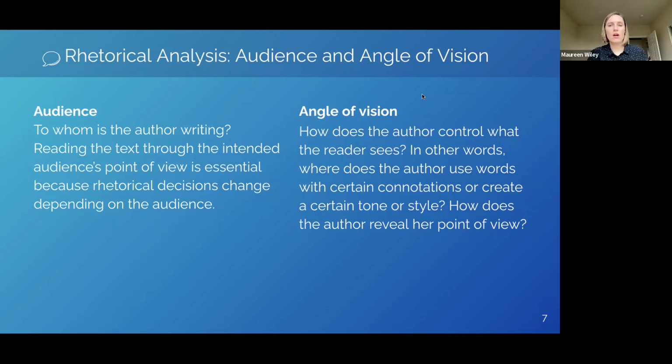So depending on the author, sometimes authors are really open about their own personal connections to their topic. Other times they might hide and remain somewhat of a sort of neutral observer of the topic. How does that affect the persuasiveness of their argument?